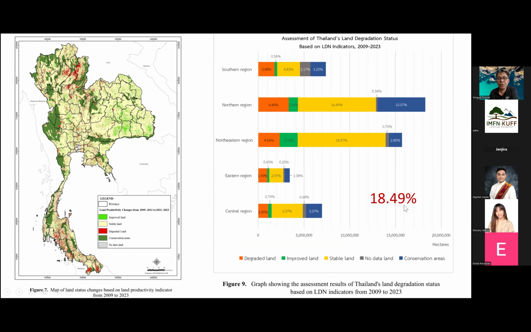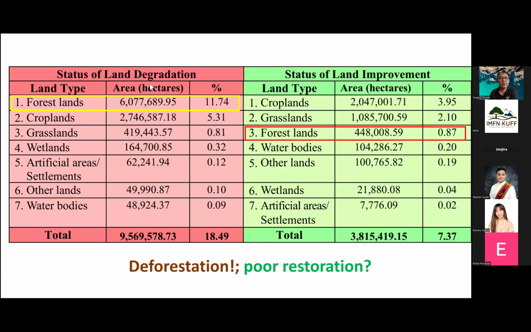At the national level, about 18.5% has been classified as having increased soil degradation from 2009 to 2023, within the last 15 years. So that is a big problem.